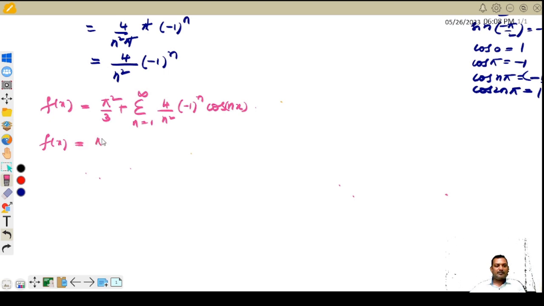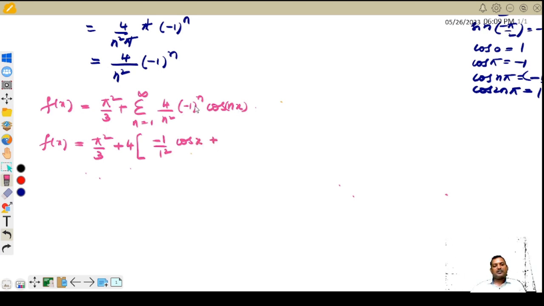So f of x is equal to pi square by 3 plus you can take 4 outside, and substitute n is equal to 1, 2, 3, and so on. By substitution of n is equal to 1, minus 1 whole raised to 1 is minus 1 by 1 square into cos x.